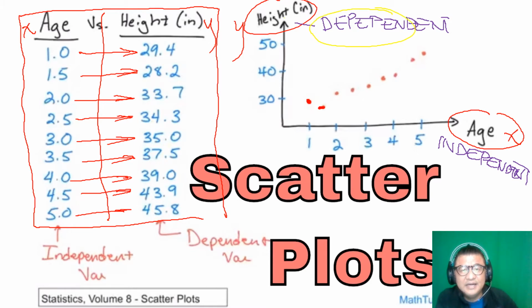The height depends on the age. Maybe the older you are, the height gets higher, right? The younger you are, the smaller your height is. So again, the height is depending on the age, therefore it is a dependent value. But the age could be anything, so it's independent. It could be any age.